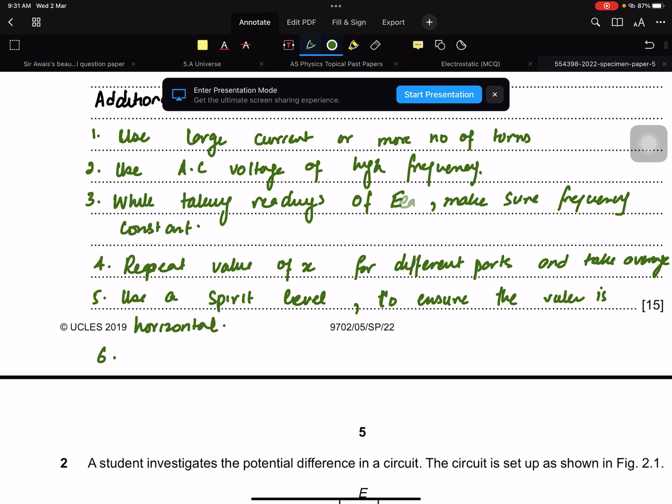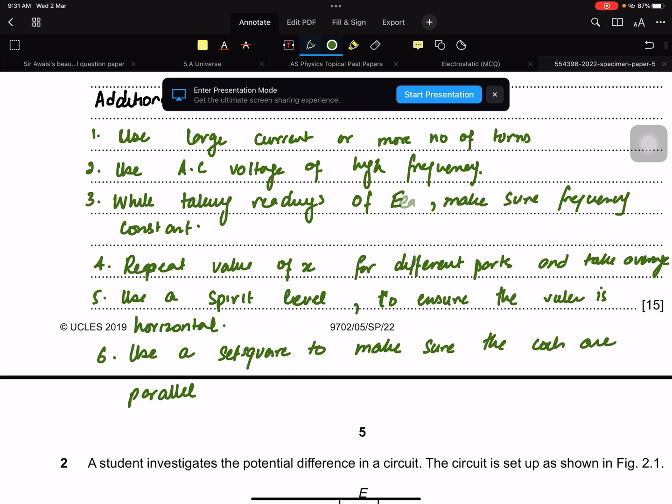And the 6th point, you could always use a set square to make sure that coils are parallel.